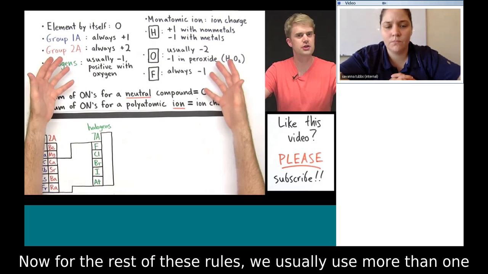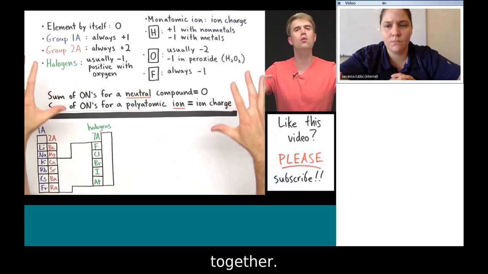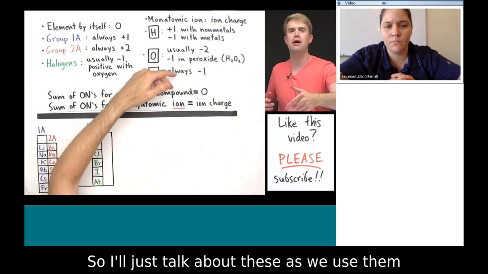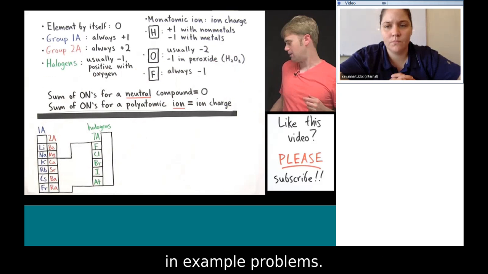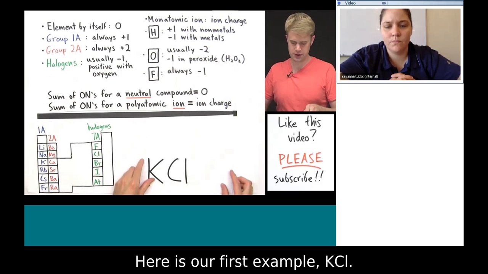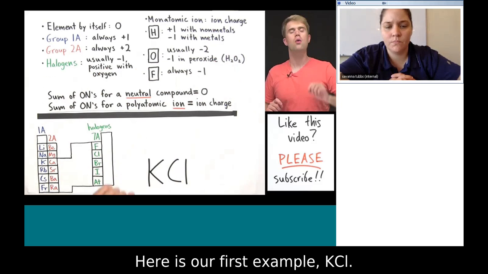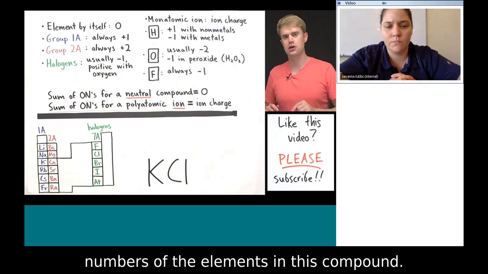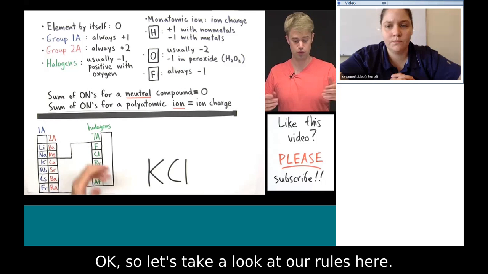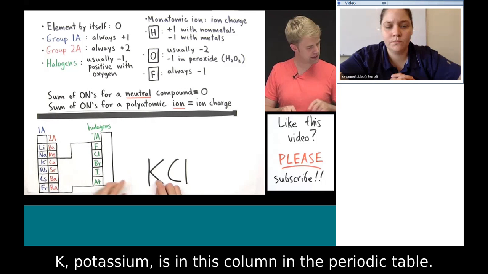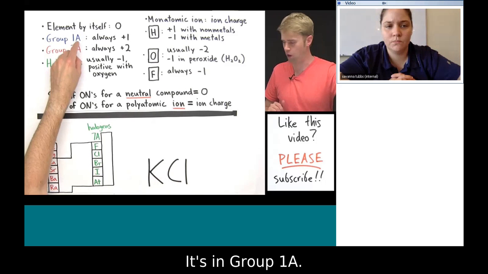Now for the rest of these rules, we usually use more than one together. So I'll just talk about these as we use them in example problems. Here is our first example. KCl, we want to figure out the oxidation numbers of the elements in this compound. Okay, so let's take a look at our rules here. K, potassium, is in this column in the periodic table. It's in group 1A.